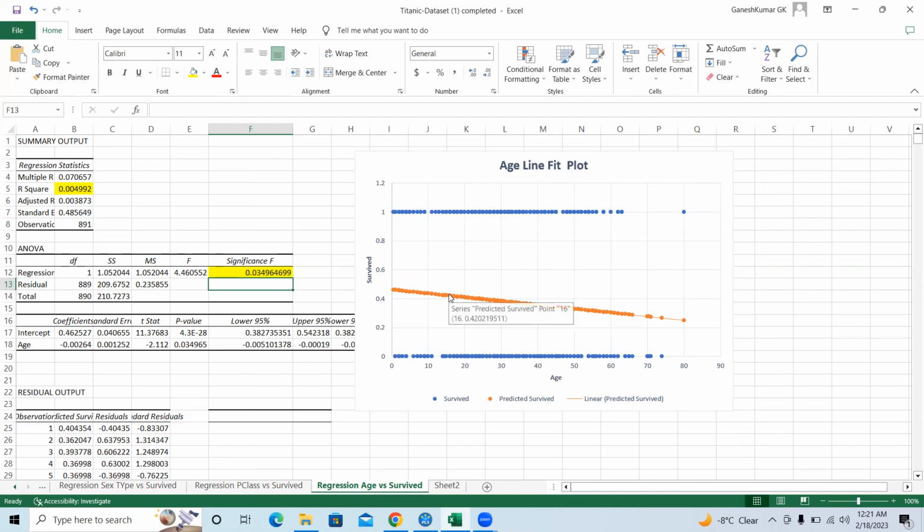Looking at this line, the survival rate was higher when the age of passengers was lower, and very low when the passenger's age was higher. So it means the people who were younger were given more priority to save their lives compared to people who are older.